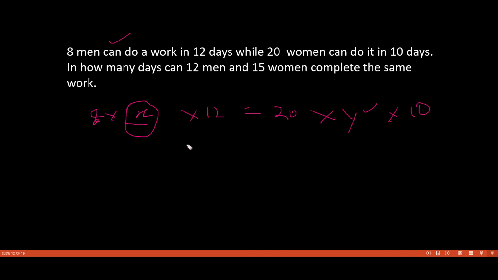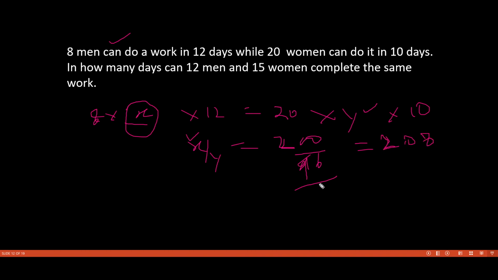So here we get X by Y is equal to 200 by 96. So that means whatever work a man does is approximately equal to twice the work, because you see, this is almost equal to 100 and this is 200, so it is approximately twice, a little more than 2.